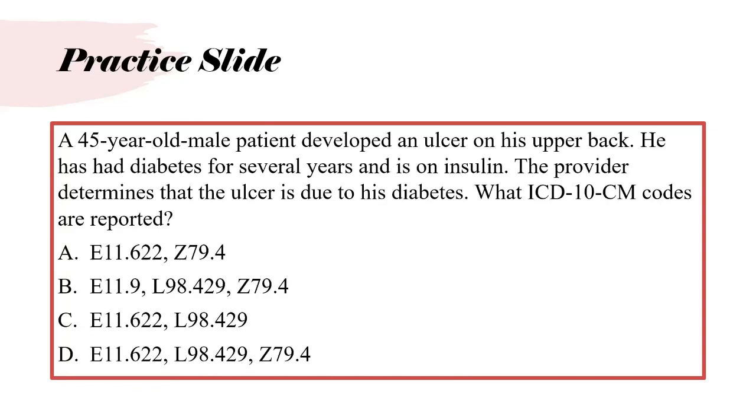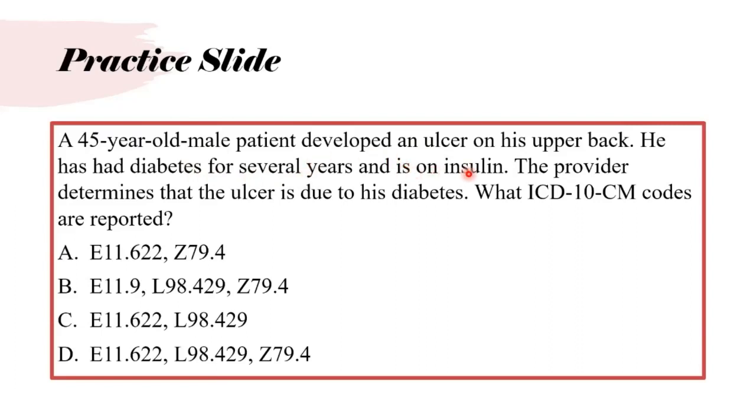Okay, so before we go to the slide with the answer, we're going to go over a few things together. So let's just talk a little bit before we come up with the answer. This patient has an ulcer on his upper back, but he's also had diabetes for several years.